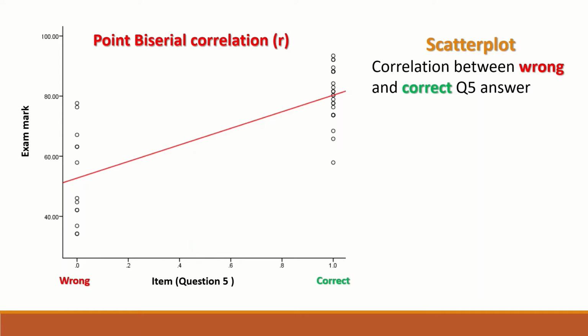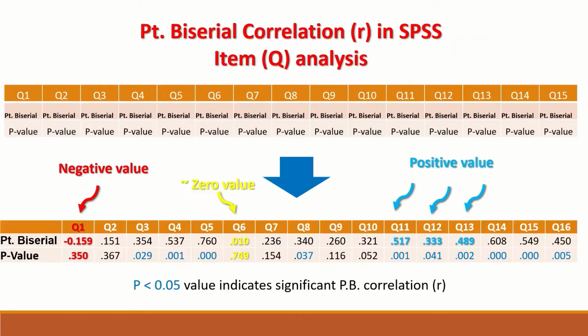So this question 5, from this scatter plot, can be considered a really good question. It can discriminate between the high performing students and low performing students.